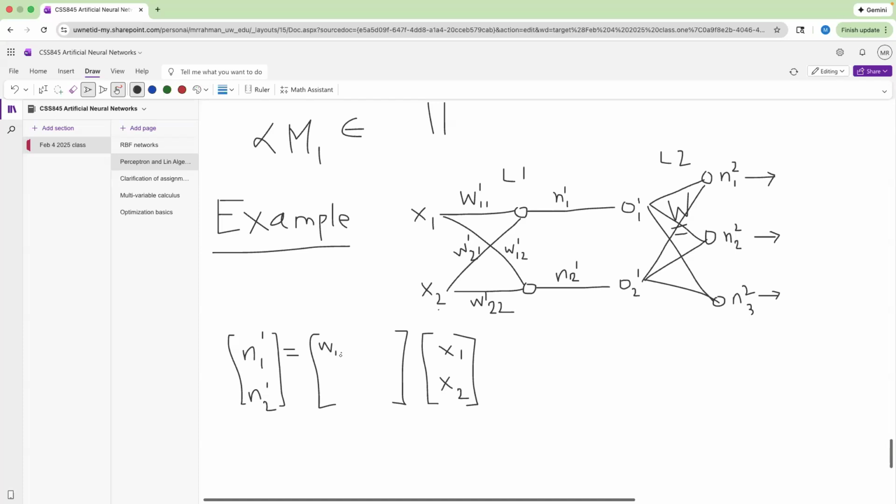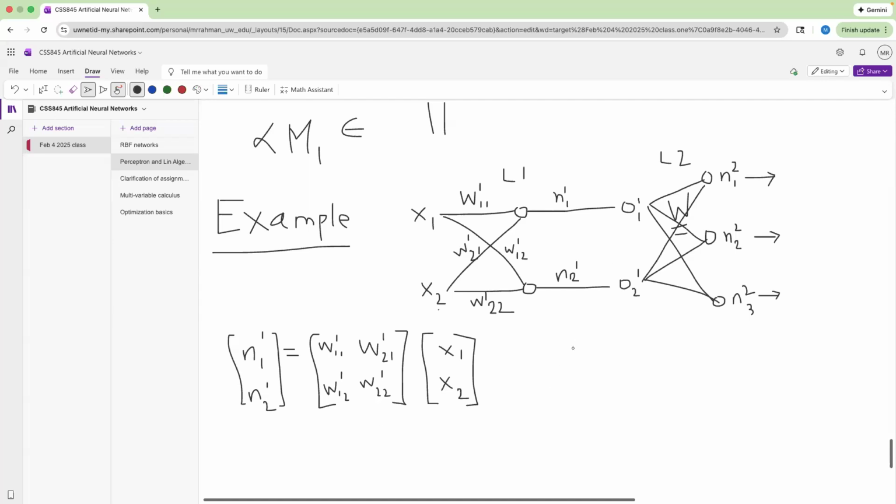So this is W111, and I'm also going to have W211. And here we'll have W121, W221. So we get the output of the first layer by basically multiplying the input with a matrix.